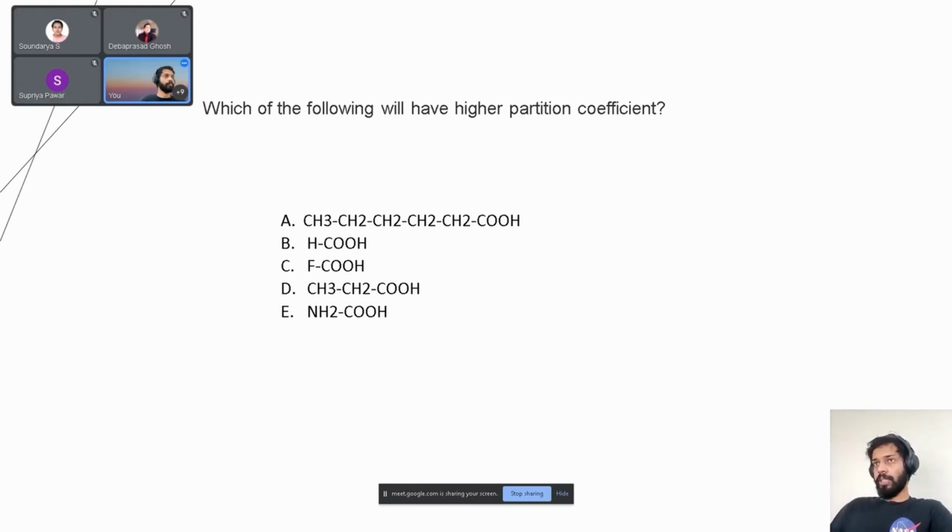Okay, so you're saying A because of the large number of carbons, so it will be more soluble in the organic phase. So CO by CW will be higher. Correct. Yeah, it's not necessarily because of the large size. It's because it's more hydrophobic in nature. This long chain is more hydrophobic, so that's why it has a very high partition coefficient.